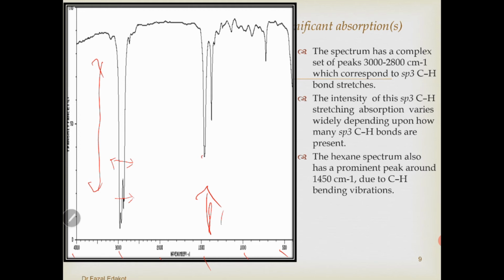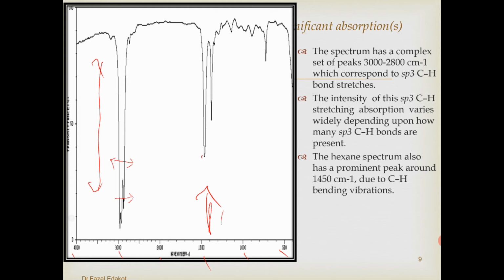So like 1450 or 3000 to 2800, what are the peaks available? It is the nature of the compound. It absorbs over here. You must have learned the theoretical background.